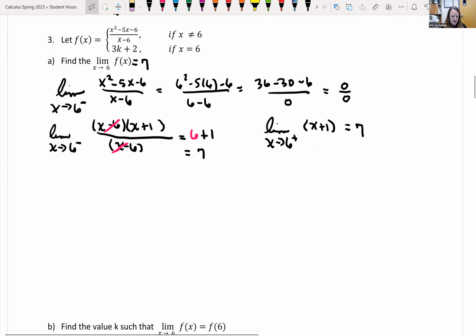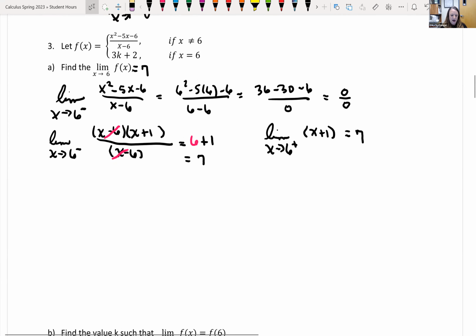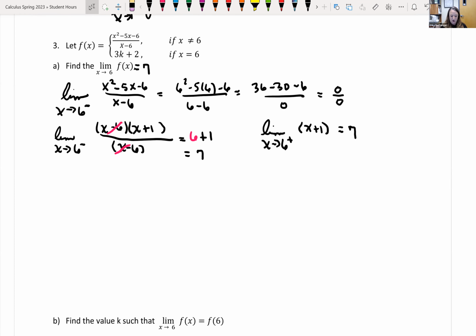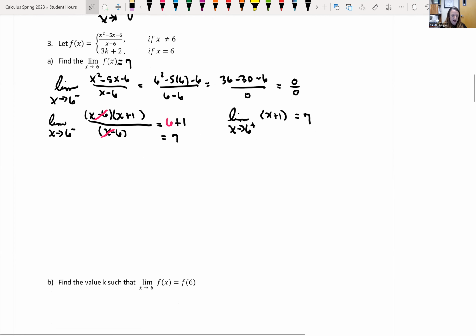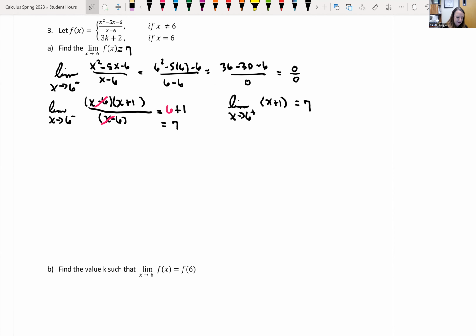Part B, on the same question, it wants to know what value k needs to be in order for the limit as x approaches 6 of f of x to equal f of 6. So if we looked at f of 6, this is telling me to go into my piecewise function.